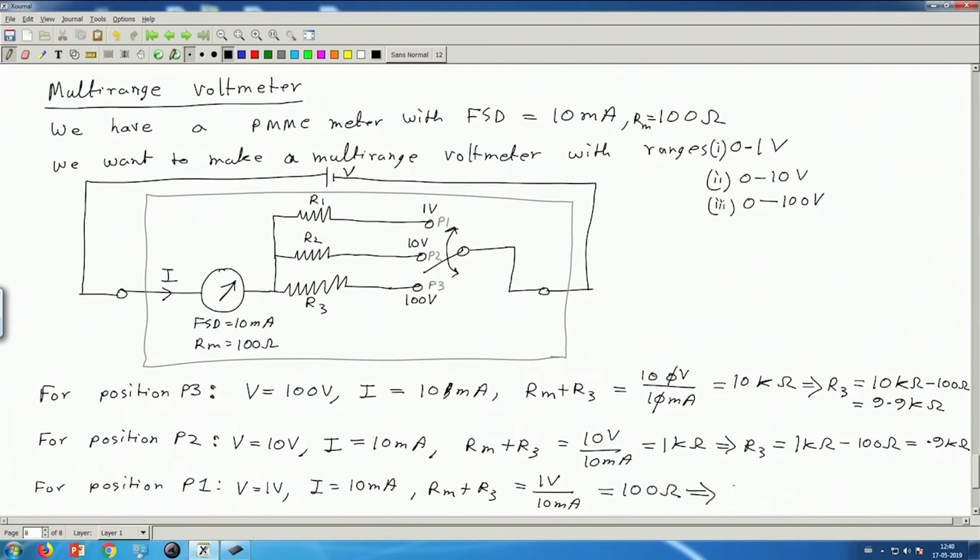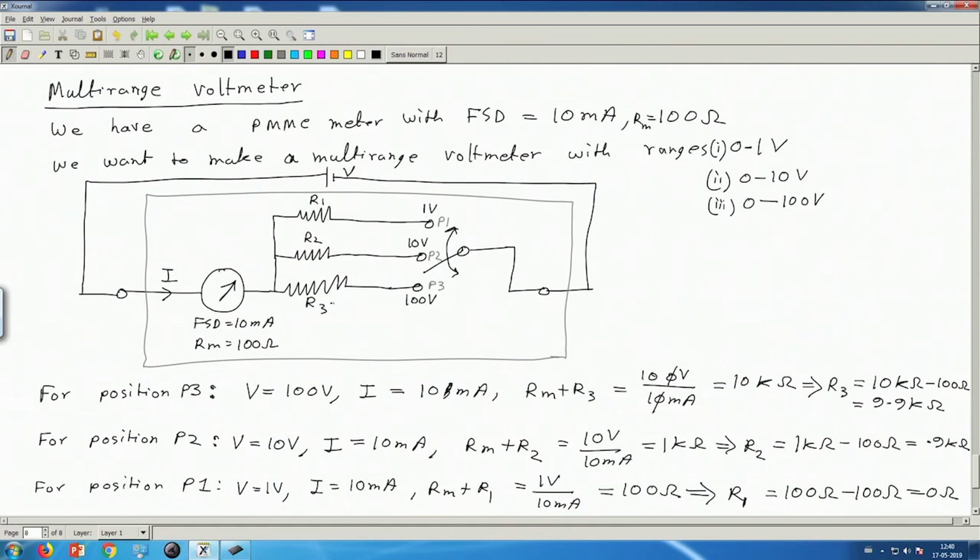This implies R3 is equal to 100 ohm minus 100 ohm, since Rm itself is 100 ohm, so it should be 0. Sorry, this is not R3, this is R1. So this is R2, this is R2, this is R1, this is R1, right? Yes, okay. So then R1 should be 0.